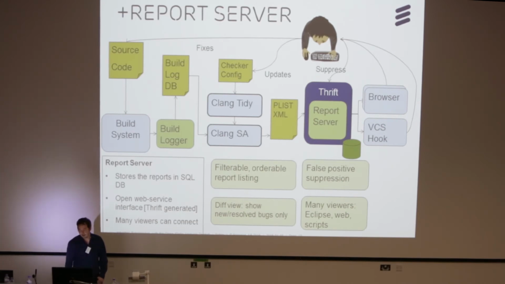Of course, another requirement is that you may want the git commit to not happen in case the Clang static analyzer toolset finds any problem. So this is also a possibility to interface it with version commit. So we created an Eclipse client to view the problems and to show the designer the problems in real time, and a web browser based one, and you can integrate it into a version commit system.